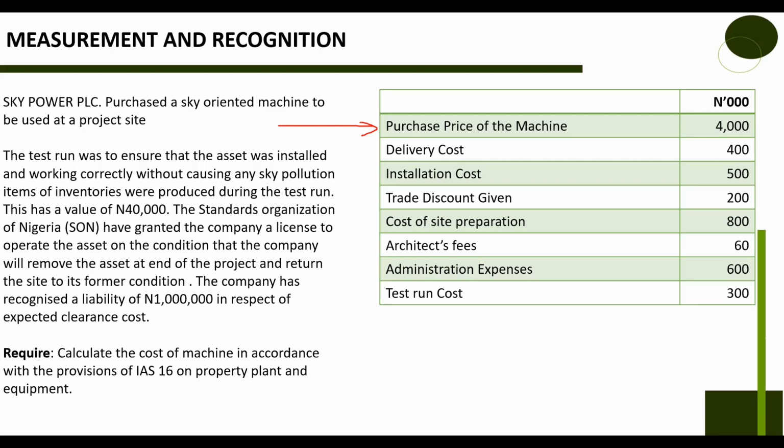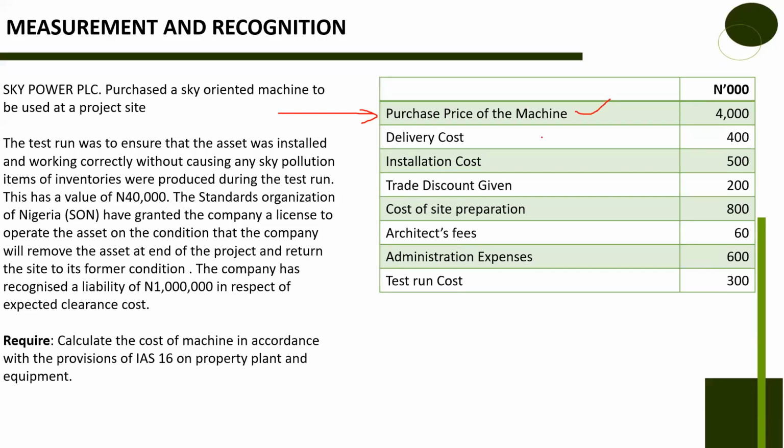Purchase price of the machine. Okay, cost. Delivery cost will be part of it.